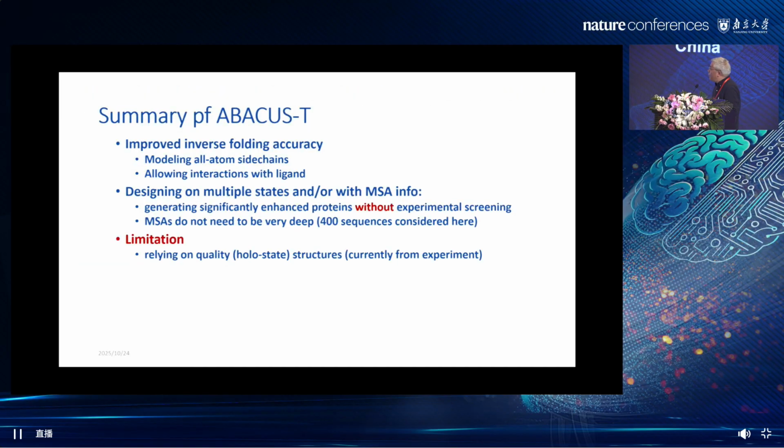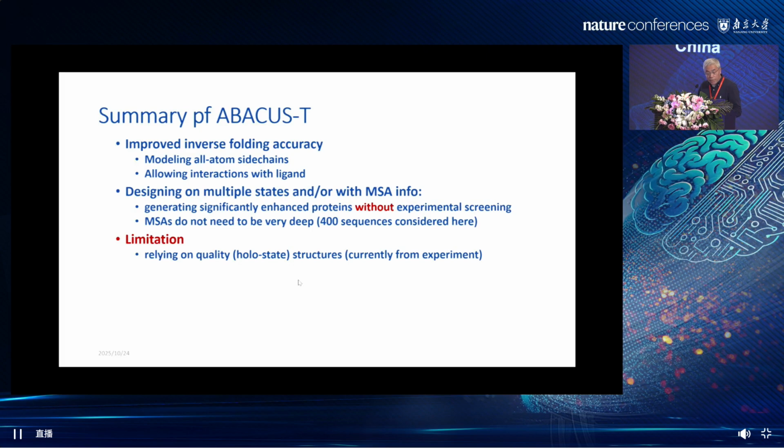Okay, so just a summary of our Box-T. We have improved inverse folding accuracy by modeling all-atom side chains and also allowing interactions with ligands, and also have the ability to treat multiple conformations, multiple states.